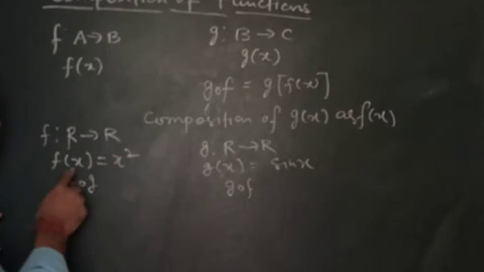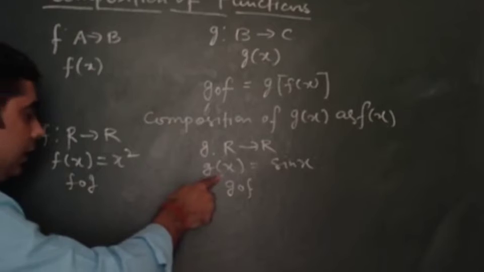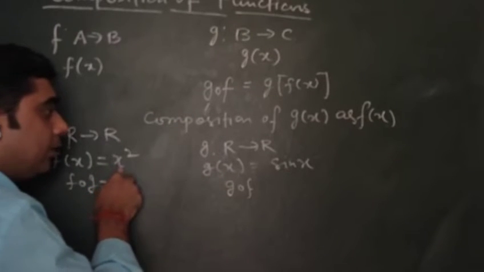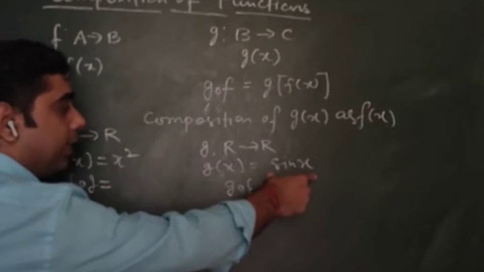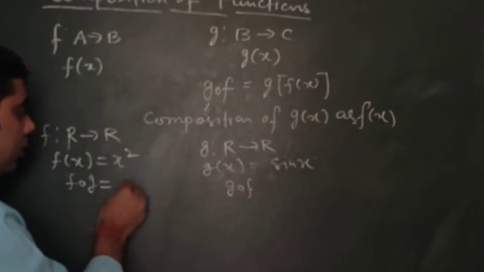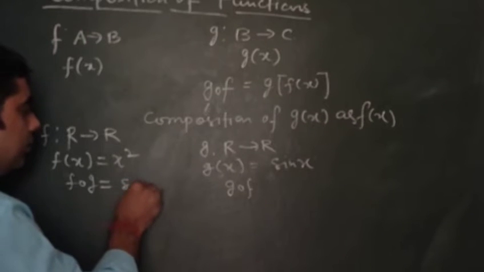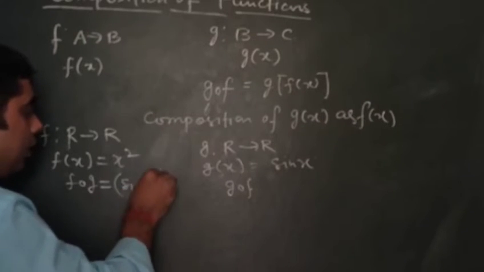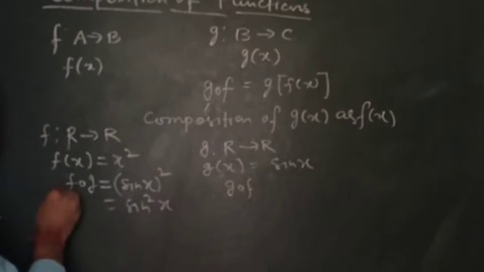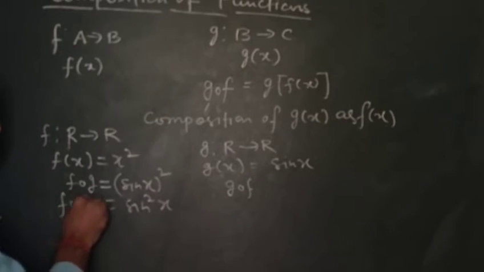When we write f as a function of g, we put the whole function sin x at the place of x. So it will be equal to (sin x) whole squared, meaning sin squared x. It will be your f of g.